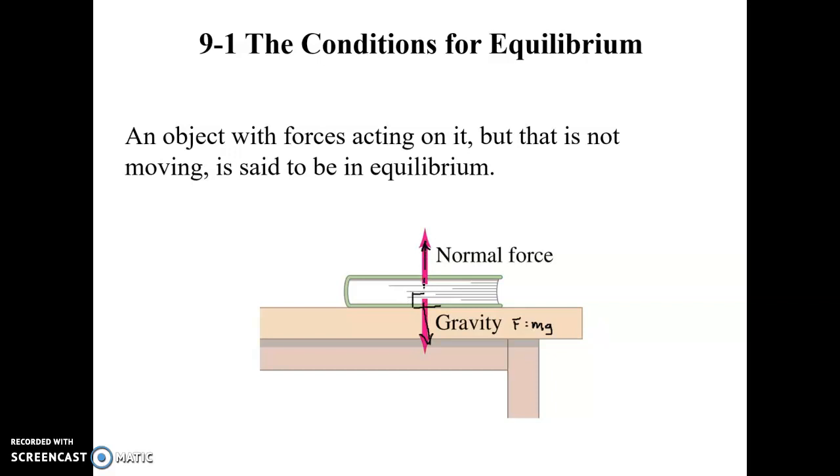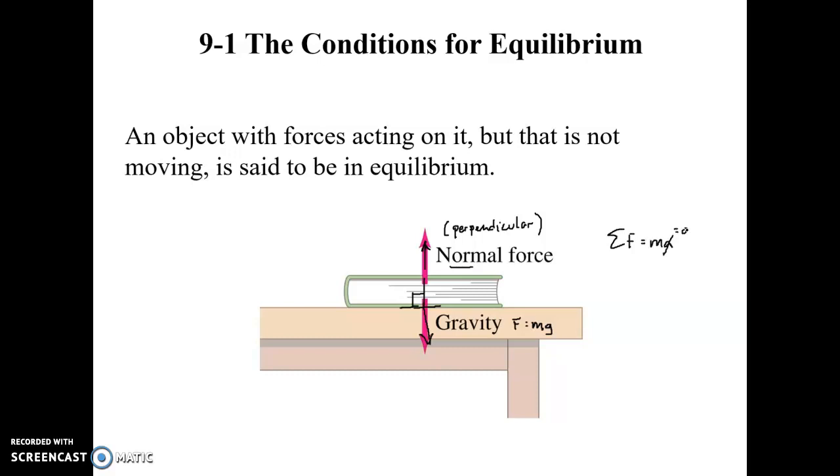It's perpendicular to the surface. That's where normal comes from. Normal meaning perpendicular. And that force is pushing back. So if we assume that there is no acceleration occurring, if this book sitting on the table is not accelerating downward or upward, then Newton's second law says the sum of forces equals ma.